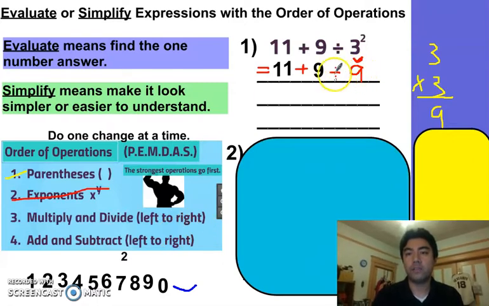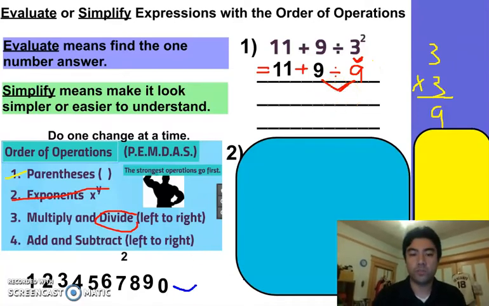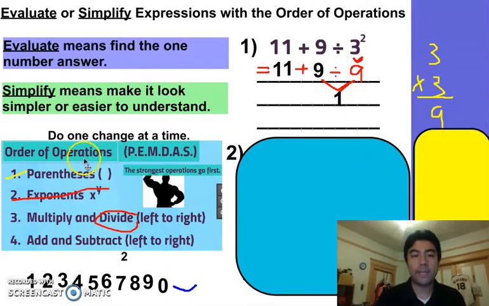Right here, I see division and I see addition, but I'm going to do division first, okay? So division is next. So now I'm going to draw an arrow again to show that I'm doing only 9 divided by 9. I know that 9 divided by 9 is just 1, so this whole thing now becomes a 1. And again, I'm only doing one change at a time.